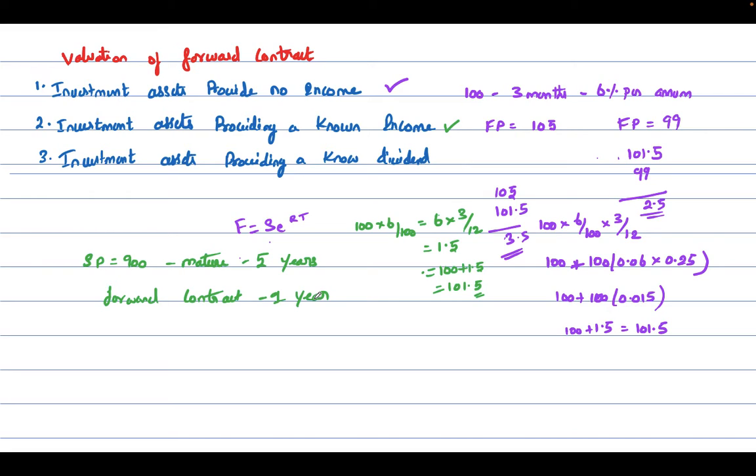Further, assume that coupon payments of rupees 40 are expected after 6 months and 12 months.